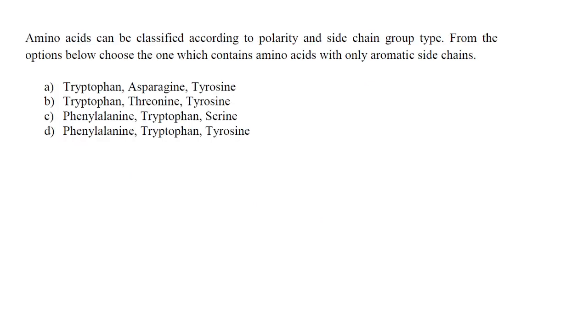Okay. Next question we have: amino acids can be classified according to polarity and side chain group type. From the options below, choose the one which contains amino acids with only aromatic side chains. Option D was the correct answer: phenylalanine, tryptophan, and tyrosine.